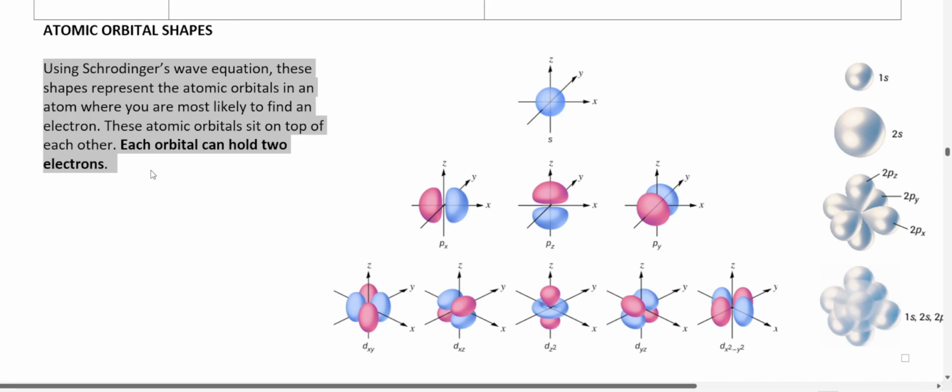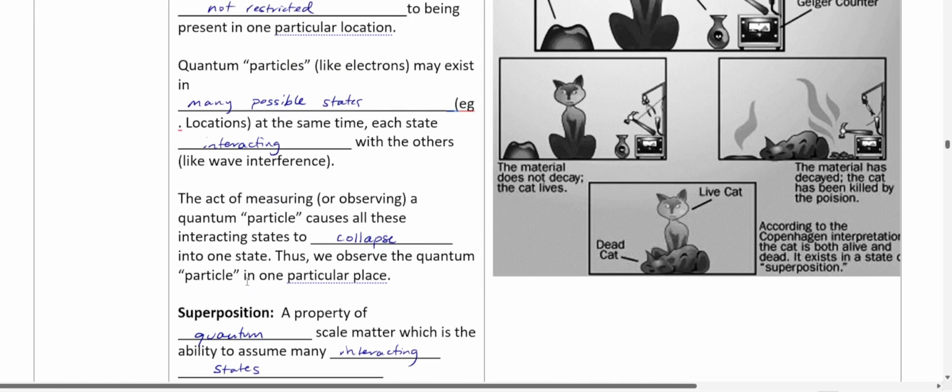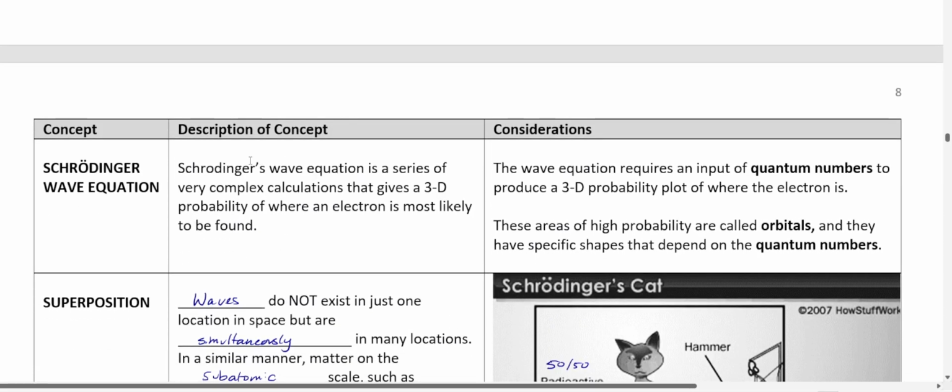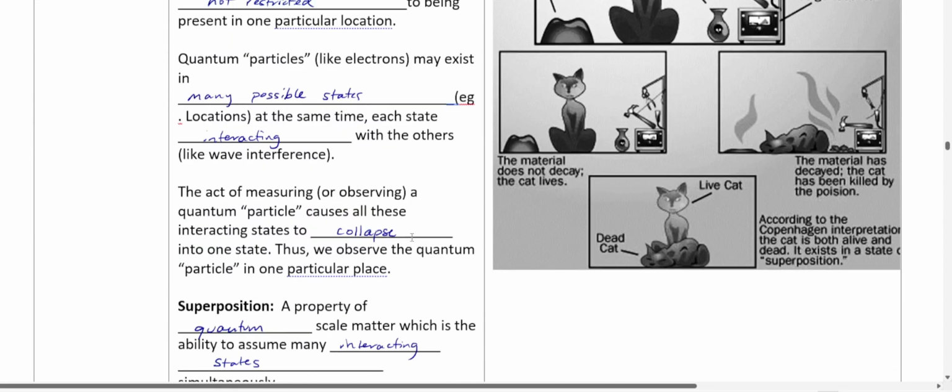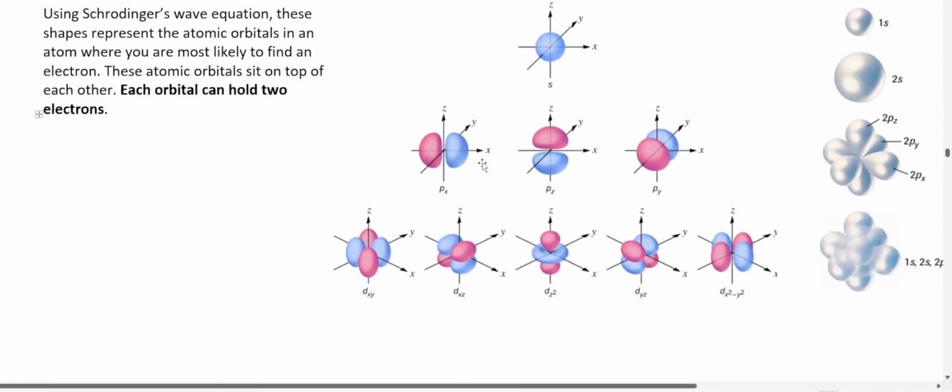Each of these shapes can only hold 2 electrons. So these shapes that you see here, this circle shape, these 2 lobes that are split apart, all of these shapes are produced by Schrodinger's wave equation, and these shapes show the areas of high probability of finding an electron.